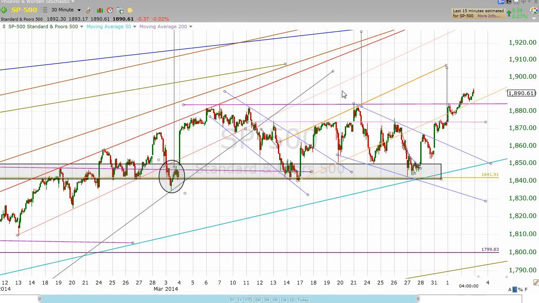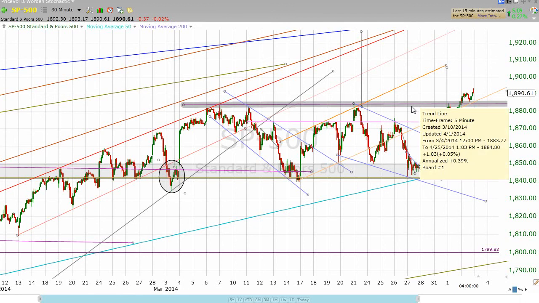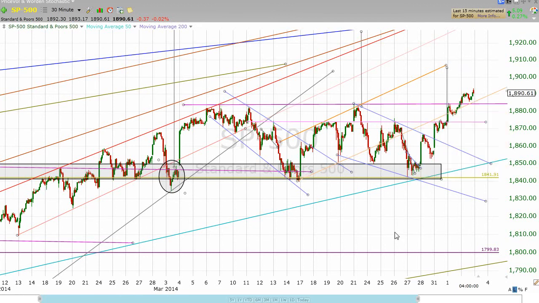So this all took place within a rectangular area that we are now, again, not technically significantly over, but appear to be in the process of getting technically significantly over. So guys, it's a good day. It's not a huge gainer by any stretch, but the fact that we stayed over this line that had been pesky for a number of weeks, I think is a very good sign.